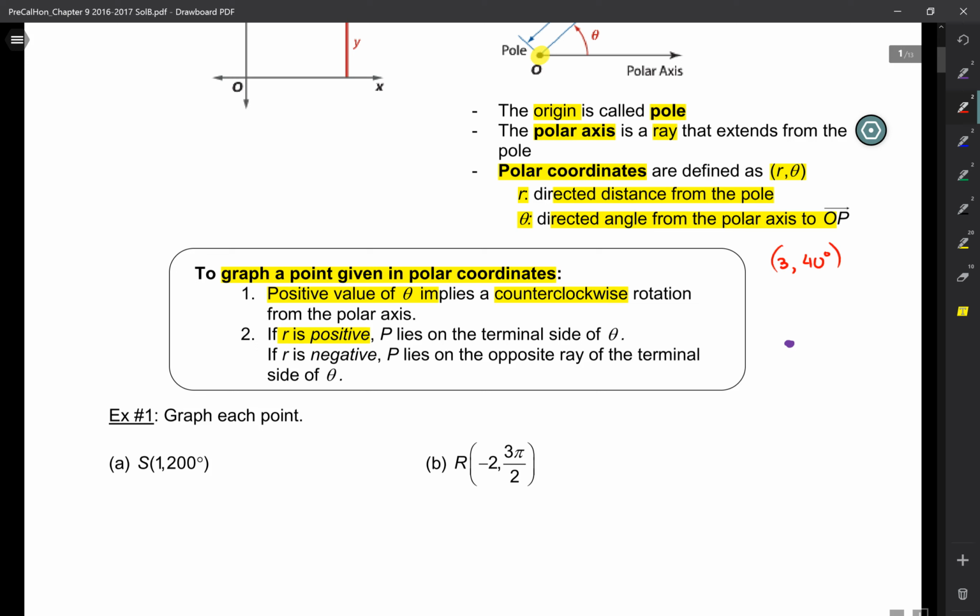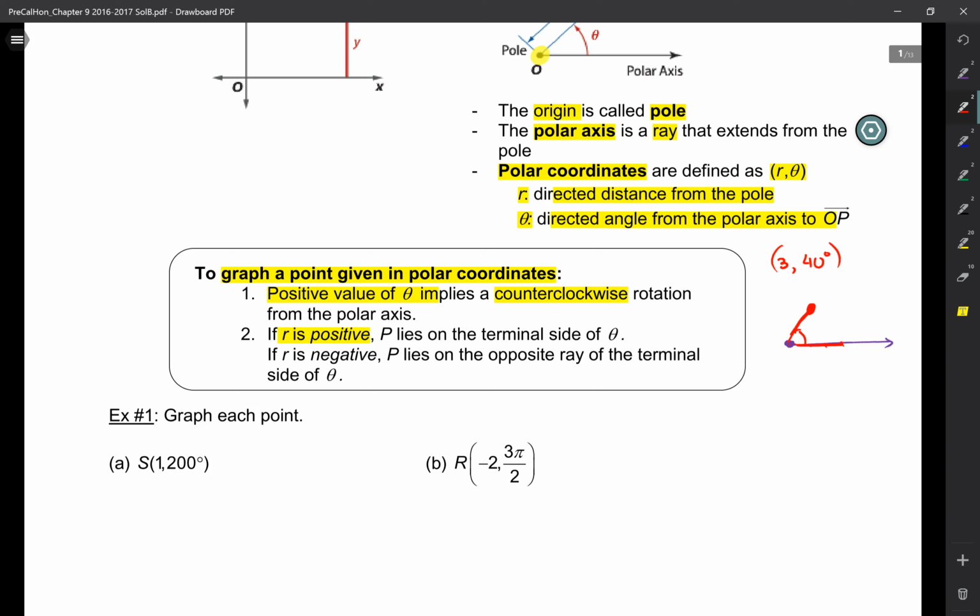What am I going to do? Well, this is the polar axis. I'm going to go out 3 units here. And then I want to rotate this an angle of 40 degrees right there. And that's where my point is. Does that make sense to everybody? Now, this is if I had a positive r.